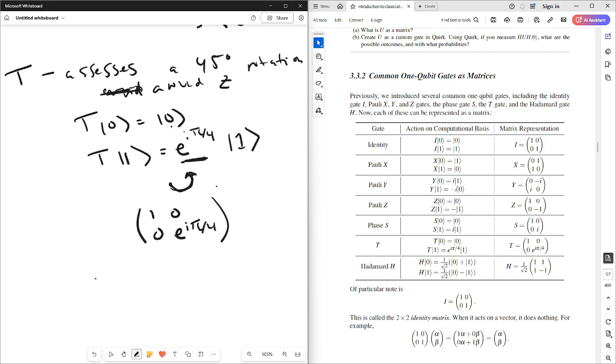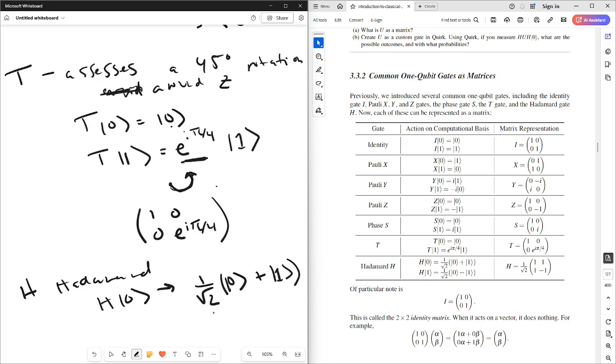So Hadamard, H, that one is the GOAT. It splits 0 and 1 into equal superpositions. So 1 over square root of 2 times equal parts state 0 and state 1.